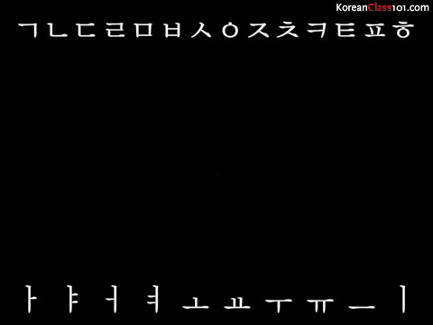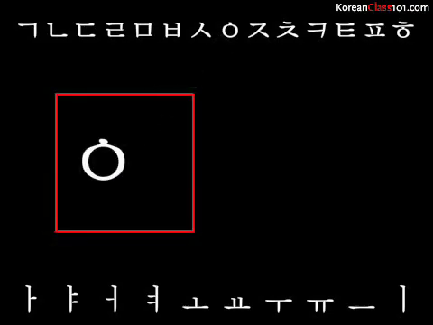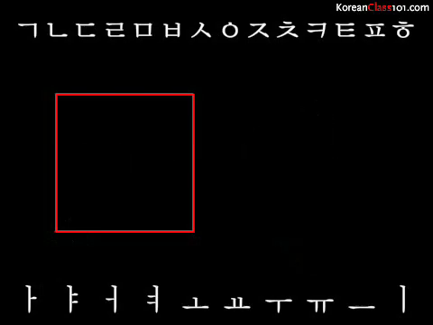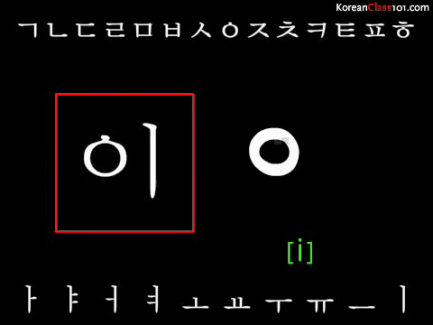So our last Koreanized English word starts with 이응. This doesn't have any sound value, so the sound is going to come from this vowel. And the sound is 아. Next we have 이응 again, and now the vowel. The sound this makes is 이.